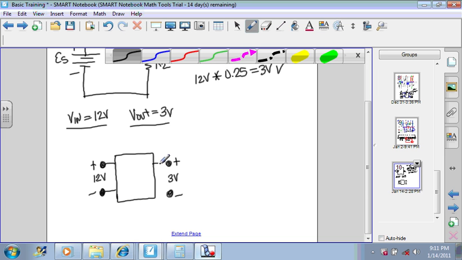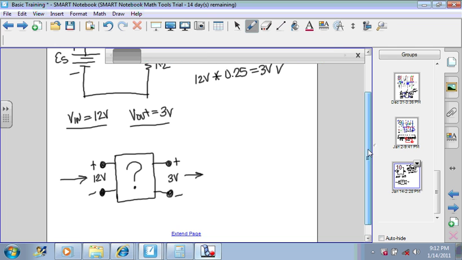And out of that box, we want to be able to measure the 3 volts. This is the concept of input and output. Our goal is, what can we do inside here that will allow 12 volts to become 3 volts?